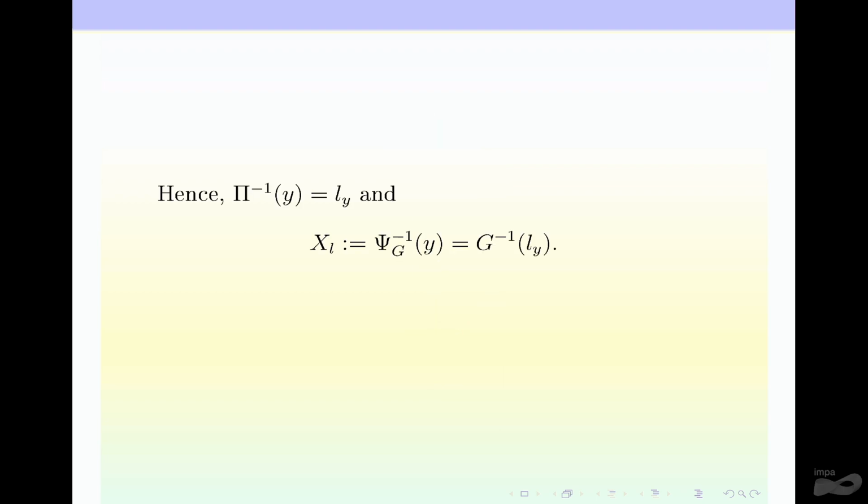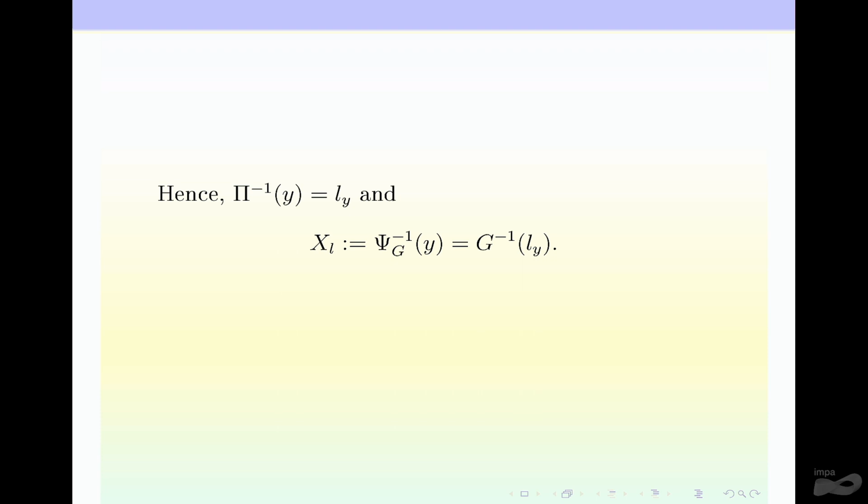And so when you take the pre-image of y by pi, that canonical projection, you get L_y. Okay. And X_y, let's denote this, is the pre-image by G of the half line, of course with everything intersected with the image. Okay.